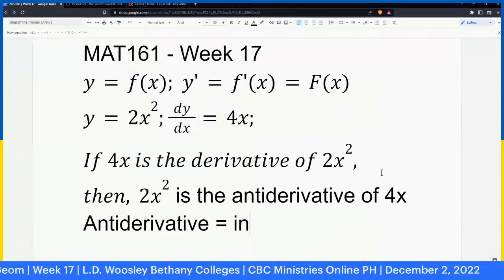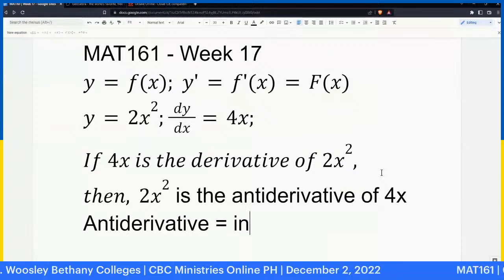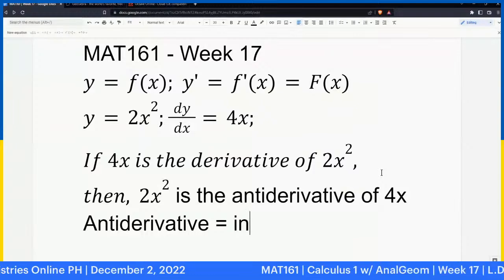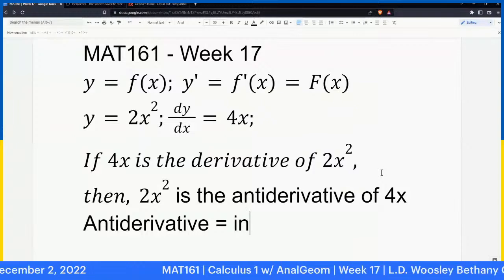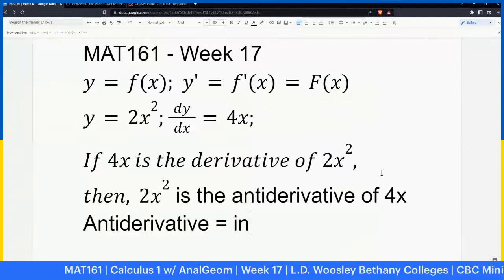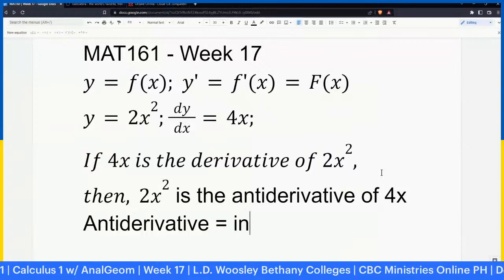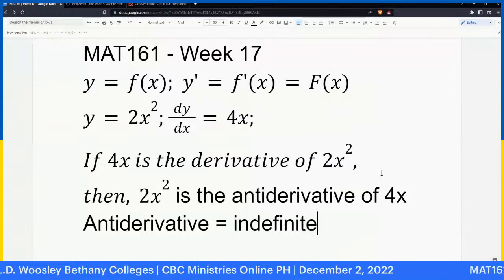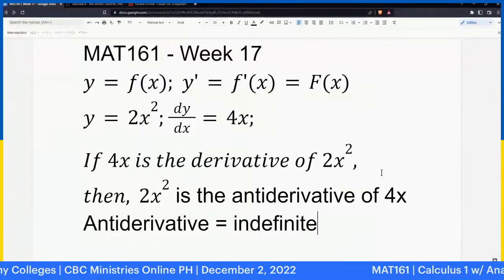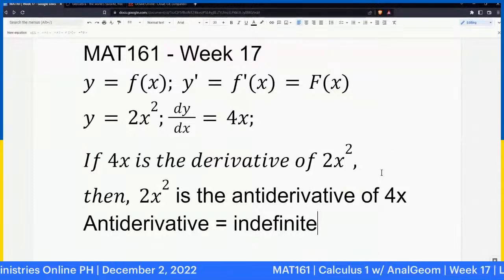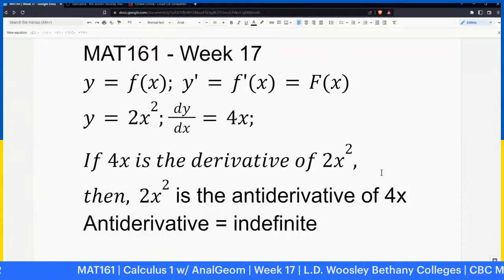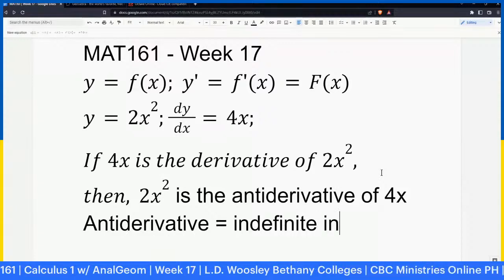Indefinite because there are many integrals. No? That is a possibility when we are integrating. Unlike when you're differentiating, nakapix na siya. But for integration, I will explain later bakit siya indefinite. Hindi siya definite. Though it could be definite, no? As long as you set the limits of that integral. So antiderivative is also known as indefinite integral.